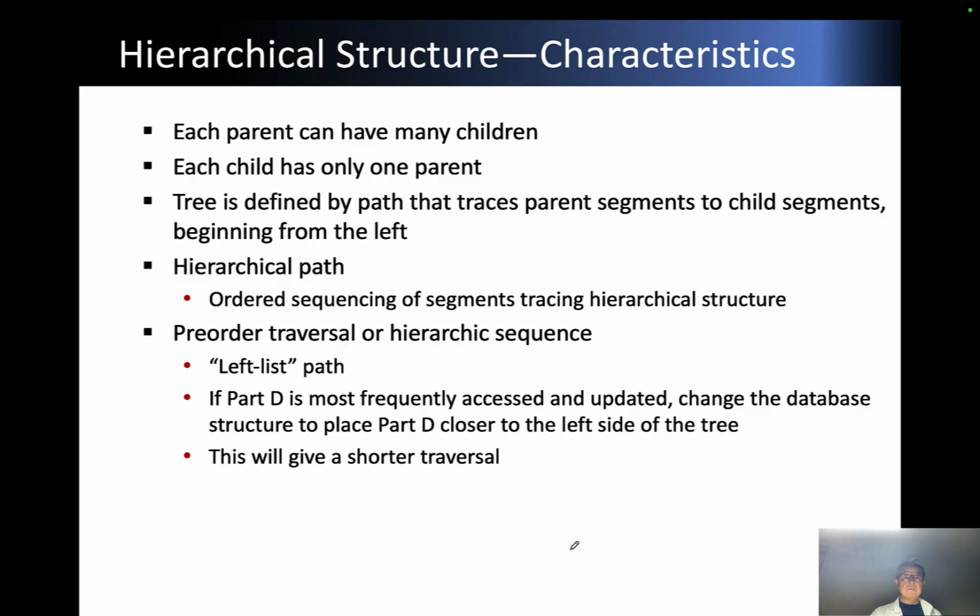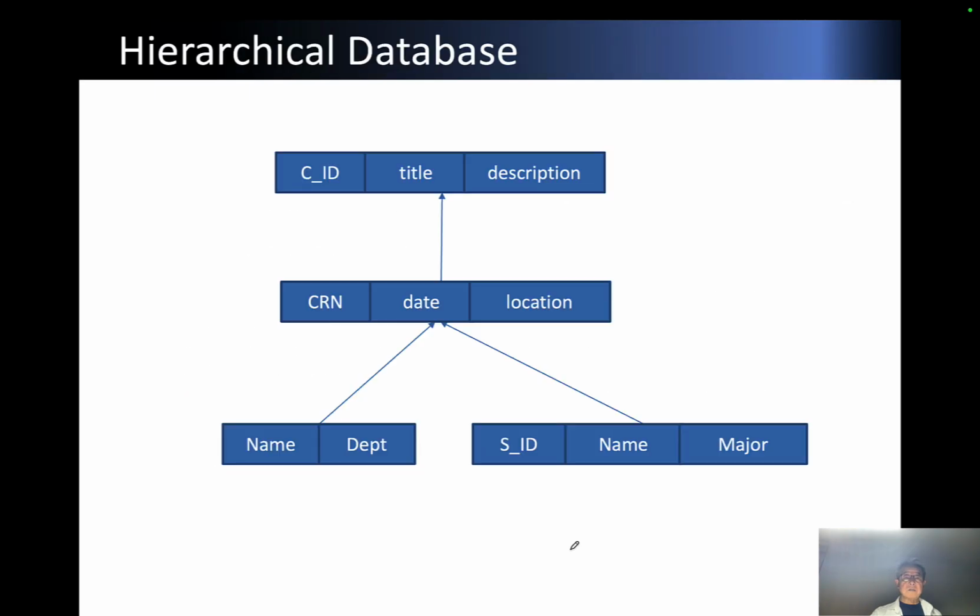Okay, so if we think of a hierarchical structure, then it'll be like this. Say this is a course title, course description. Hierarchically, to that course, there's a meeting date, meeting location, and then CRN number.